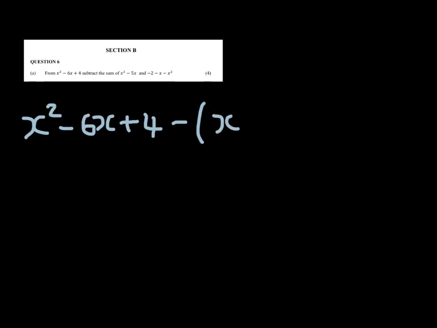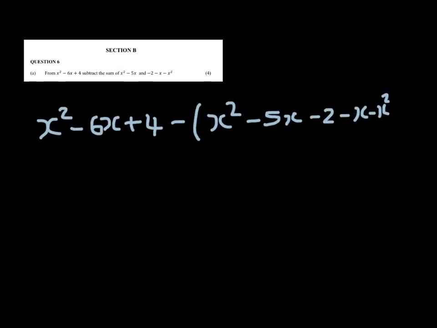Hence, for this question, I'm going to say from x squared minus 6x plus 4, I'm going to write down x squared minus 6x plus 4. From that, I need to subtract the sum of x squared minus 5x minus 2 minus x squared.